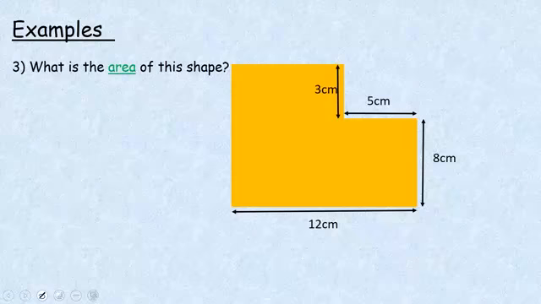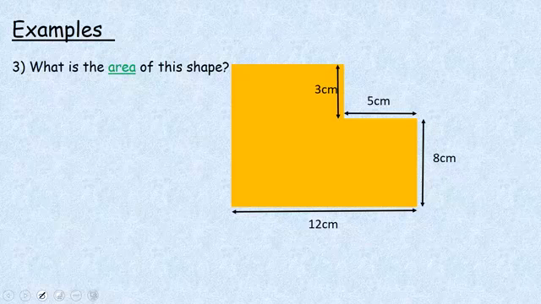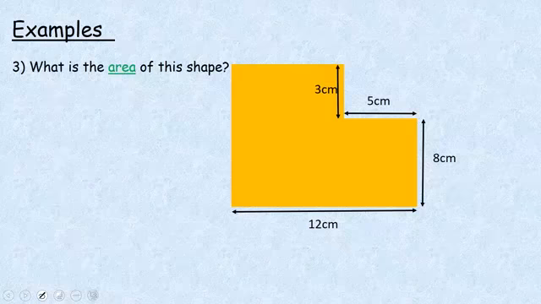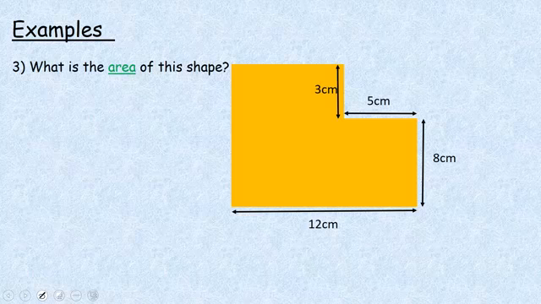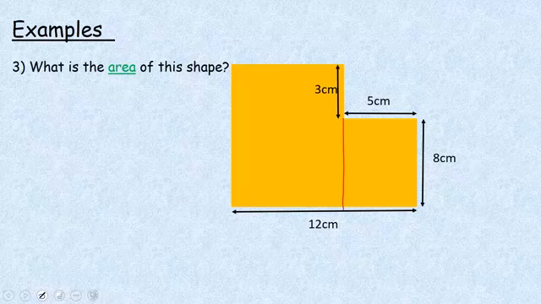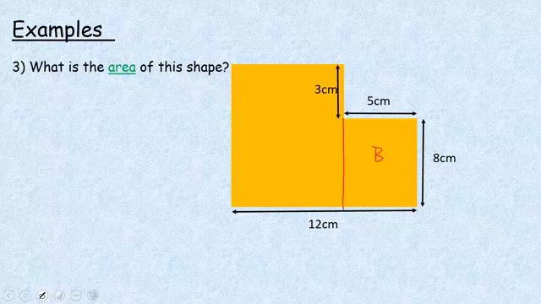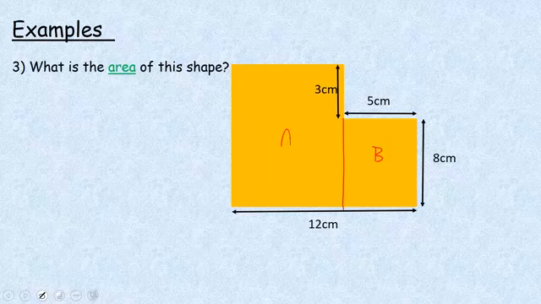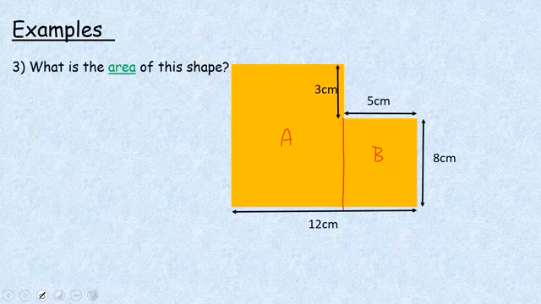Okay, so we've got this last shape now. I am going to split it like this. And straight away I can see for rectangle B I've got all the information I need. But for rectangle A, I need to find out what the height is and what the width is.